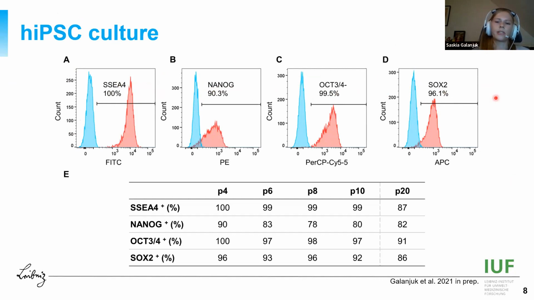And in accordance with the literature, we avoid prolonged cultivation of IPS cells and decided to culture them for 10 passages. Because as you can see in E, marker expression slightly decreases over time. And notably, in passage 20, the threshold of 95% OCT4 positive cells is not reached anymore, which is proposed to be a threshold for a successful cardiomyocyte differentiation in the literature.